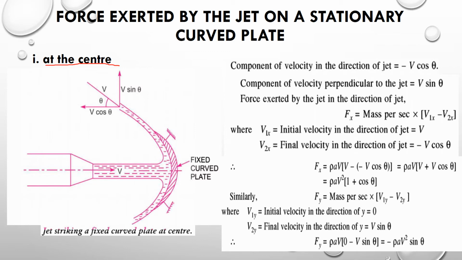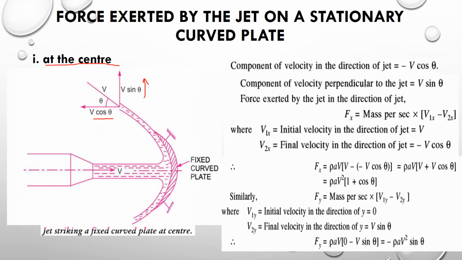After hitting this curved plate, we can see that it is getting separated like this, and we can resolve it into two components. If this is theta, this is v cos theta, and this is v sin theta. In the direction of the jet we have v cos theta, and perpendicular to the direction of the jet we have v sin theta. So we can write the component of velocity in the direction of the jet as minus v cos theta. Why this minus?